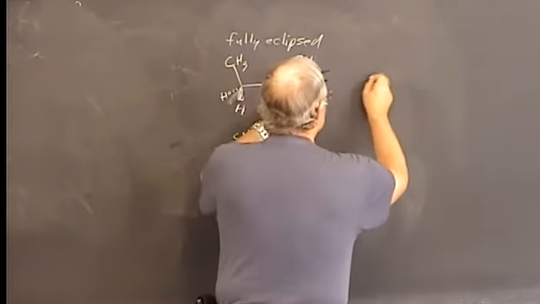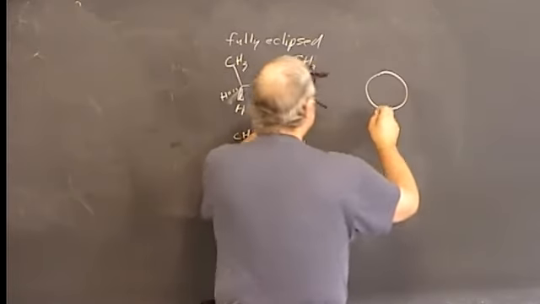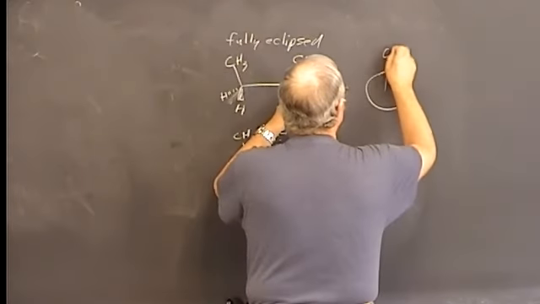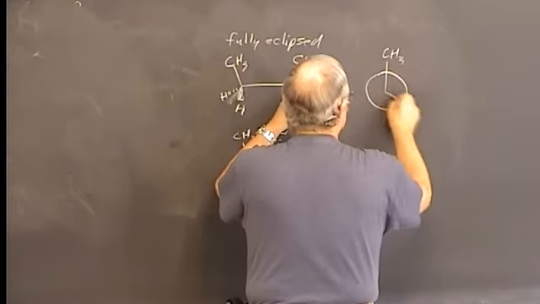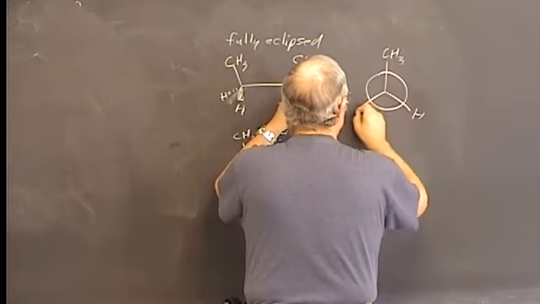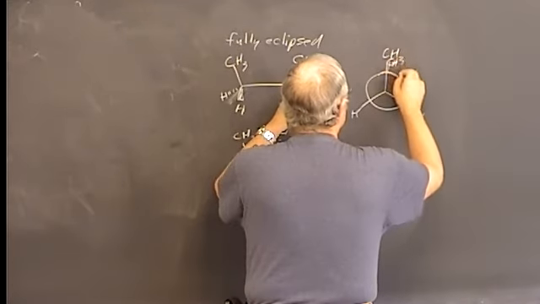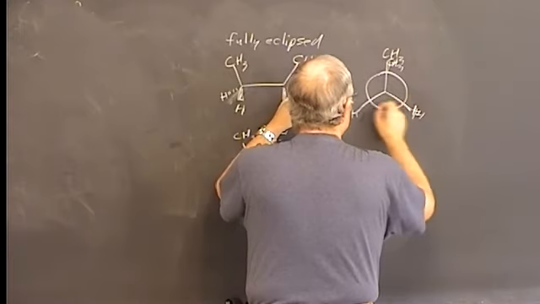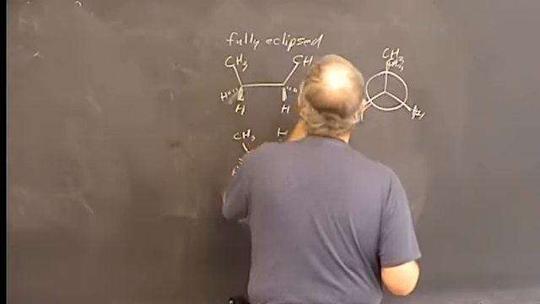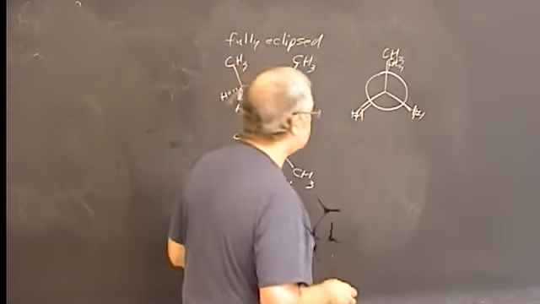We'll draw a circle. And that would be the fully eclipsed.